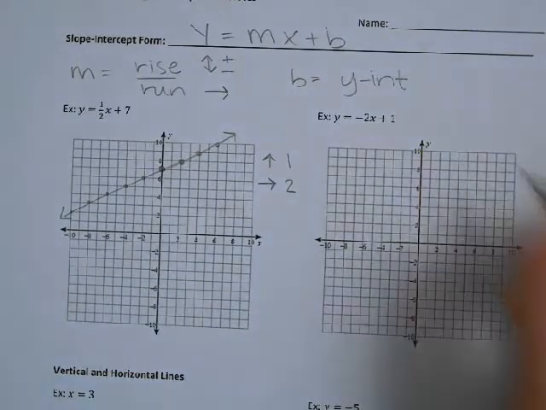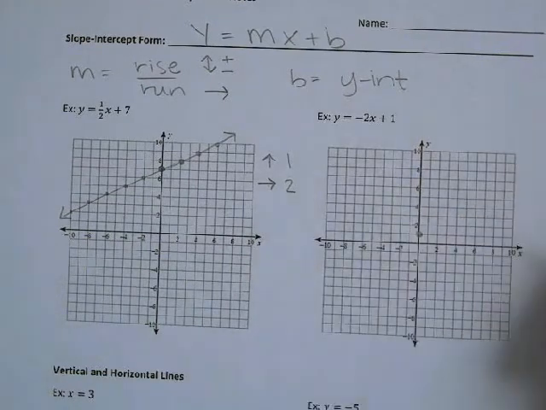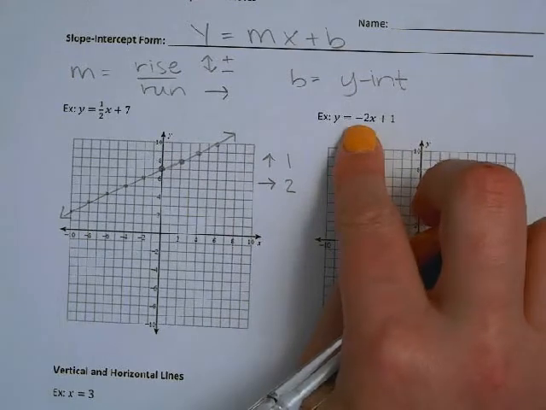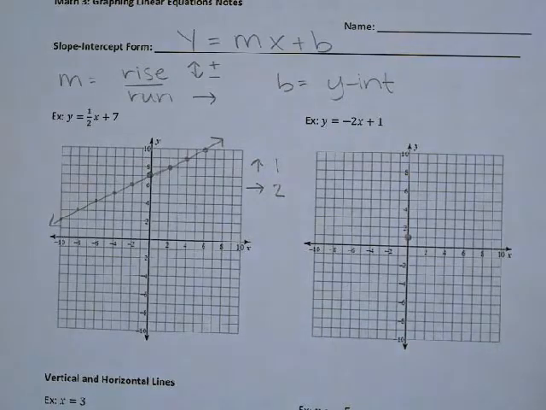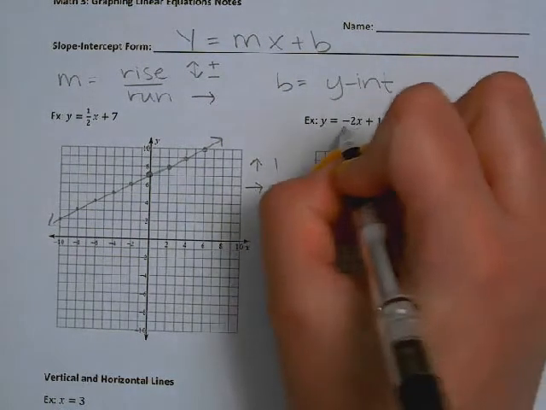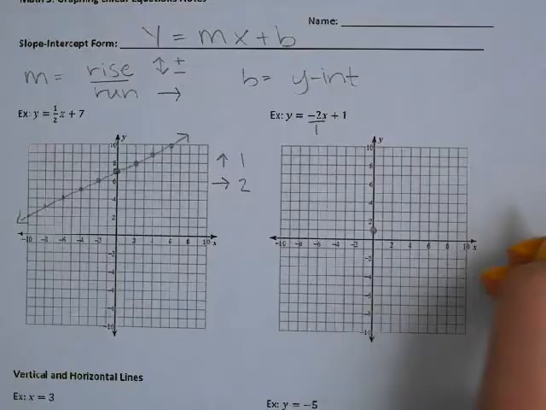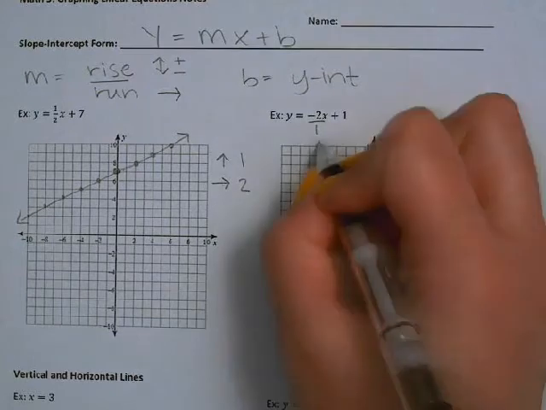All right, for the next problem, I can see that I have a y-intercept of 1. For the slope, I don't have something expressed as a fraction. I just see a -2. So the first thing I'm going to do is rewrite this as a fraction. Anytime you have a whole number that you want to write as a fraction, you just put it over 1. That means we're going to rise -2, so we go down 2 and then to the right 1.